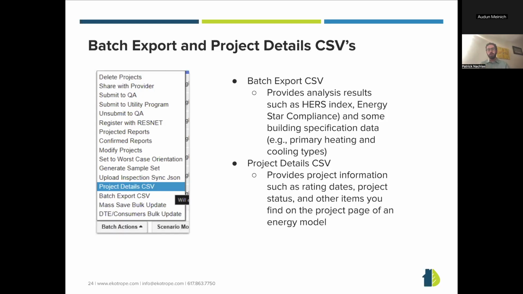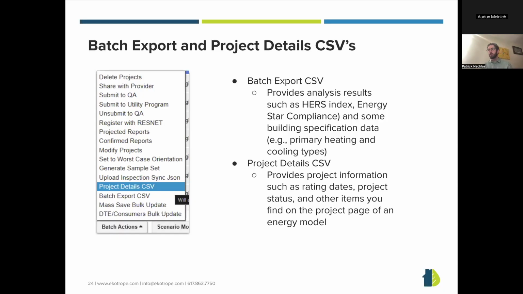So that's a useful tool for the project details, especially if you want to create very large exports. The batch export CSV does not support this, but that's because it's slightly more powerful. It just wouldn't be reasonable to have that. The batch export is more on not the project level, but the building design level.